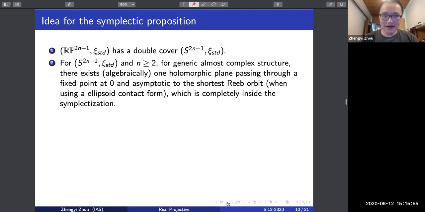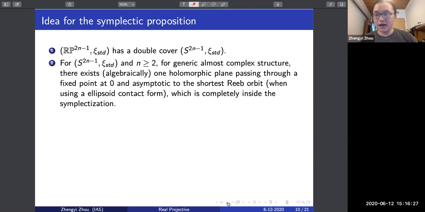And this standard sphere has a very nice property: whenever n is bigger or equal to 2, for generic choice of contact form, coming from an ellipsoid contact form that you perturb a little bit, for a point constraint there is exactly one holomorphic curve passing through that point constraint, asymptotic to the shortest Reeb orbit.